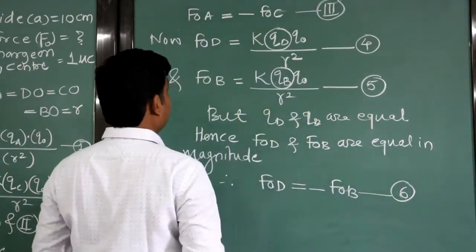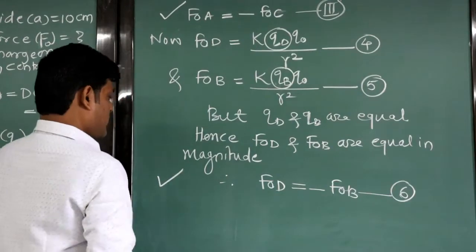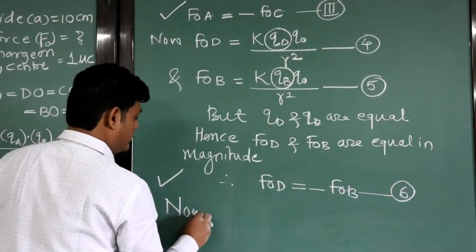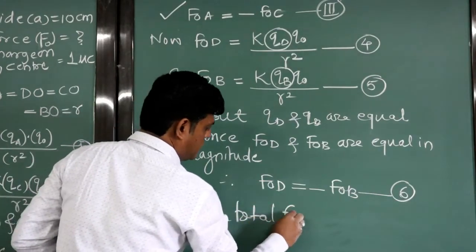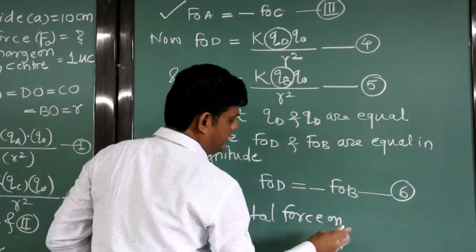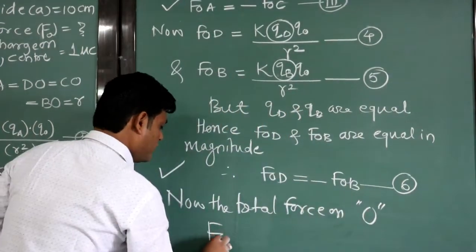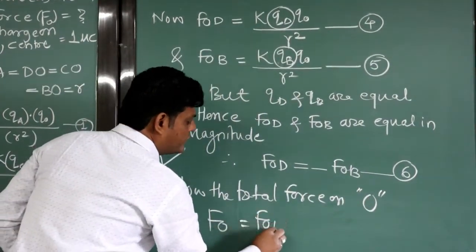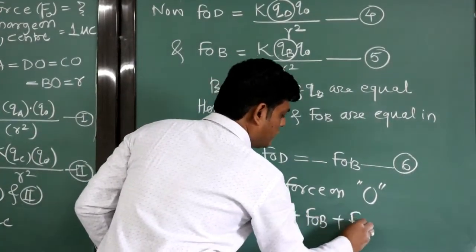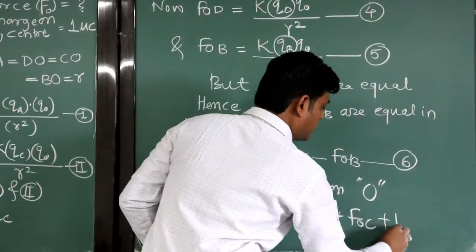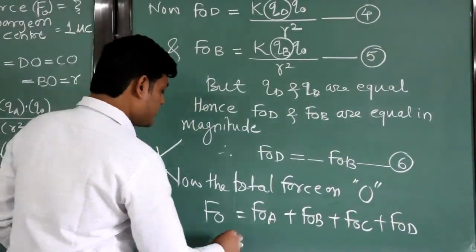Now just concentrate on equation 3 and equation 6. Now the total force on O, that is the center. So force on O due to A, force on O due to B, force on O due to C, and force on O due to D. Now please concentrate.